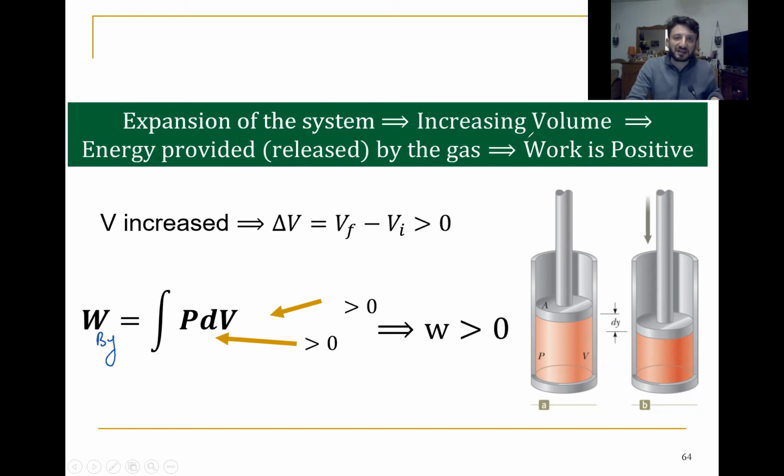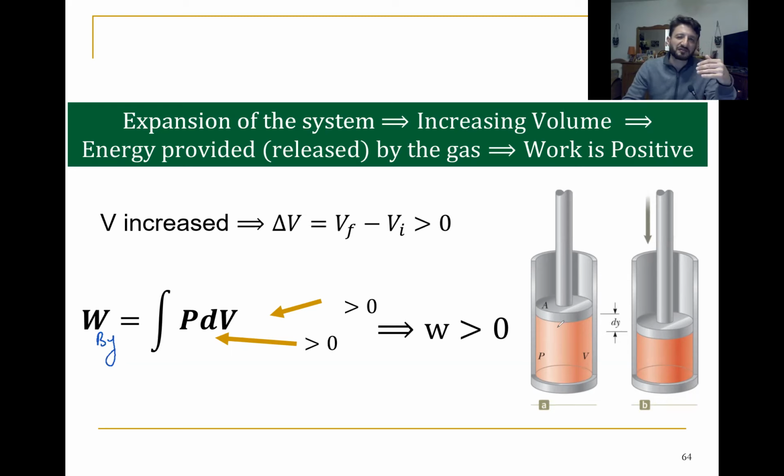expansion, we have increasing volume. In this case, by increasing the volume, the work is applied by the gas. So we can say the energy consumed is provided or released by the gas. It's important to know the notation.